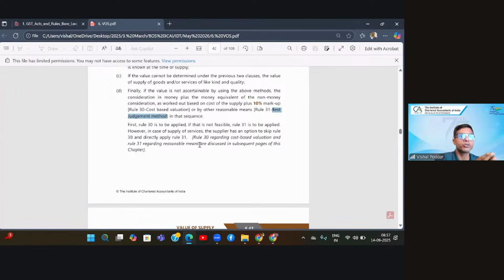I will take these two things into consideration and try to find out similar time by a similar person given to which other client. That may be a construction client, that may be a manufacturing client, whoever, and what fees I have charged to them. I will take that fees as the base. That is under Rule 31. I will apply clause A only with this modification.